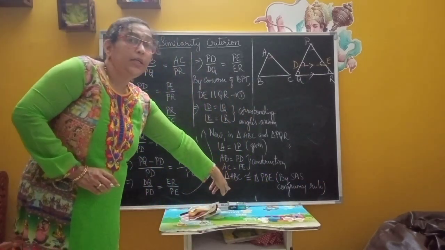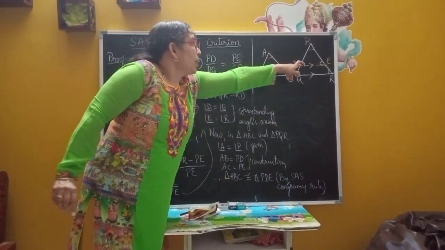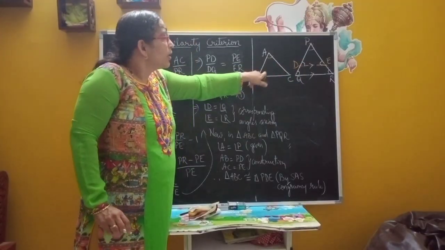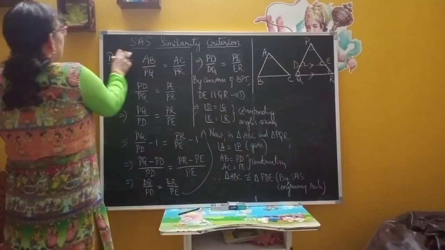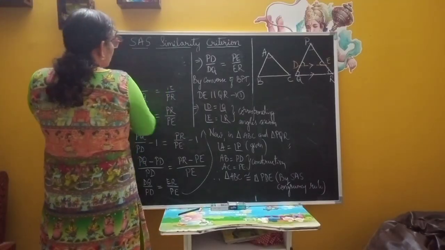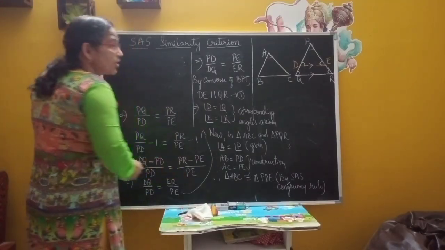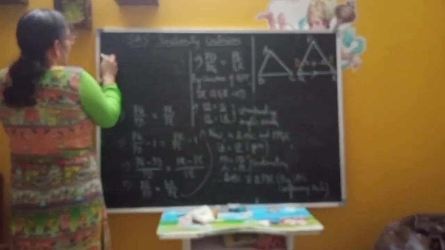Now, by reciprocity, what do you say? The other two, angle D is equal to angle B and angle E is equal to angle C. So, by reciprocity, that means corresponding parts of congruent triangles.